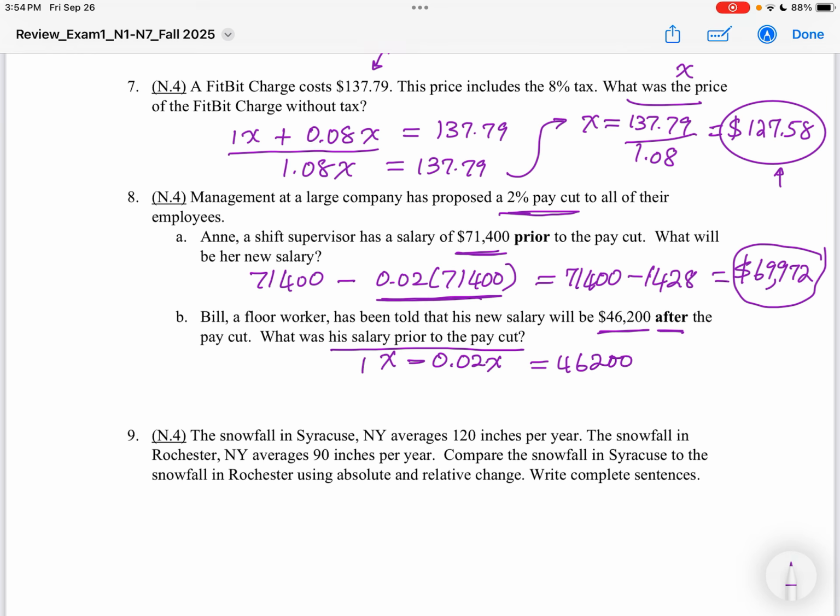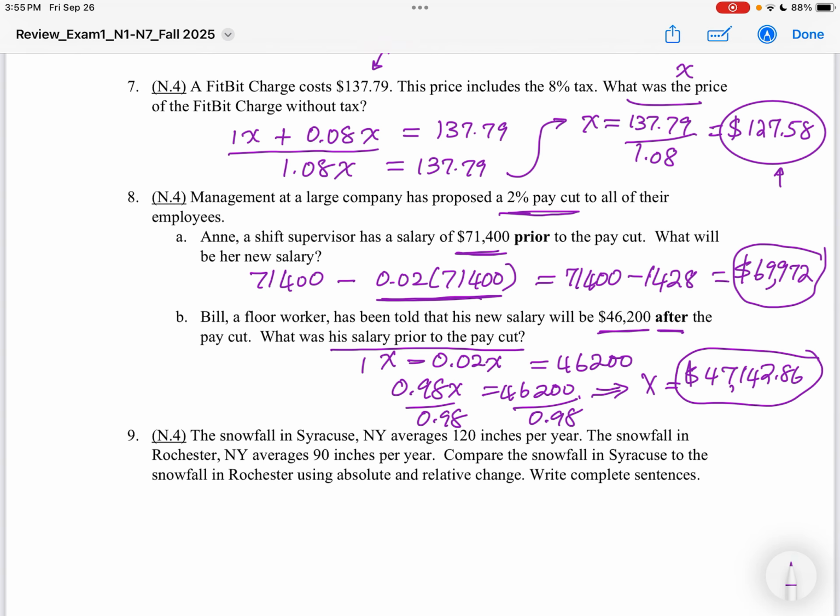This is 1 minus 0.02 is 0.98X, and that's equal to 46,200, and you divide by 0.98, and you should get X to equal, so Bill's old salary was 47,142.86. But he got a pay cut, so he's going to make 46,200 now.